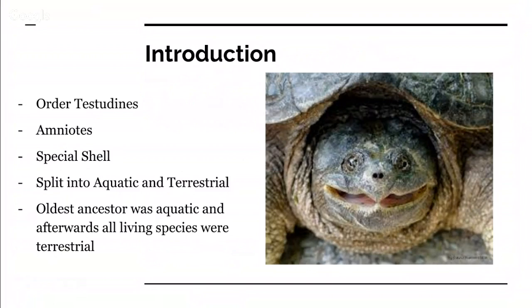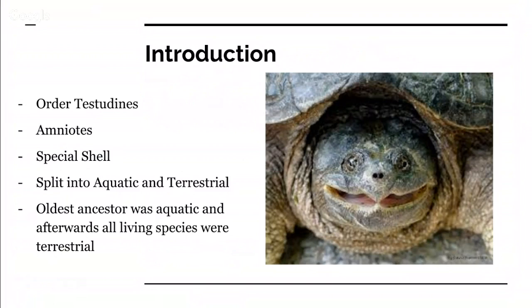They have a very special shell, sometimes referred to as dermal armor, and it's special and unique to the turtles. Other organisms, for example armadillos or anything with a hard carapace, don't come from the same common ancestor. They're all different in the kinesis and formation and development of their shell.